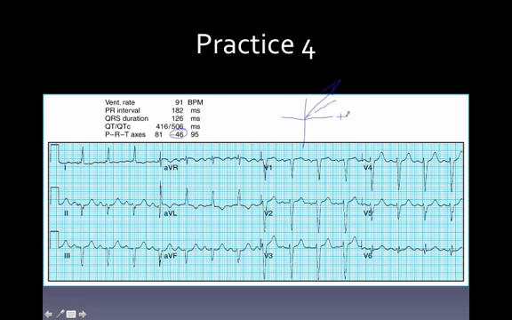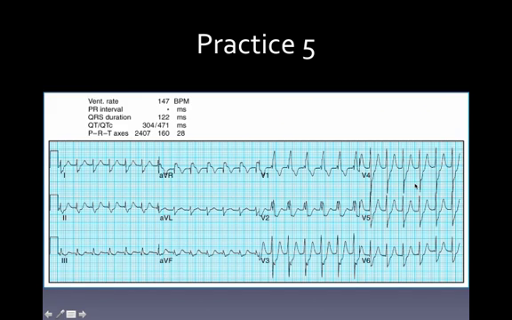From lead 1, lead 2, and lead 3's perspective, this is going to be above the isoelectric line, below the isoelectric line, below the isoelectric line, or an up, down, down. Up, down, down. This is an anterior hemiblock and a left axis deviation.